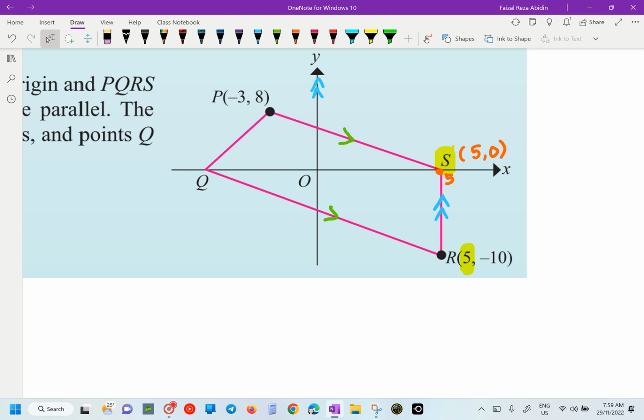So, if we are going to find the equation of straight line QR, we are going to use the equation y equals mx plus c. Do we have our gradient? No. So how are we going to find the gradient for QR?